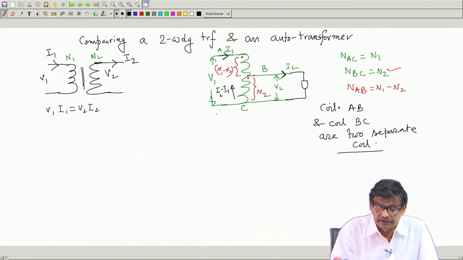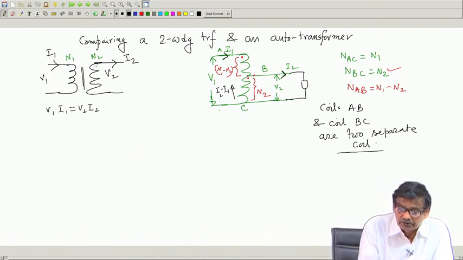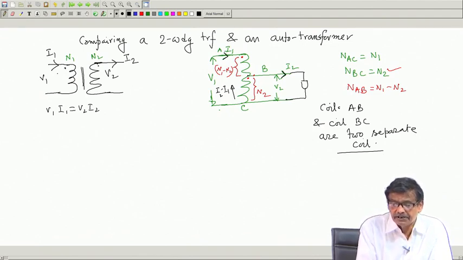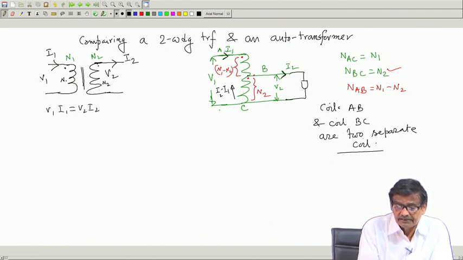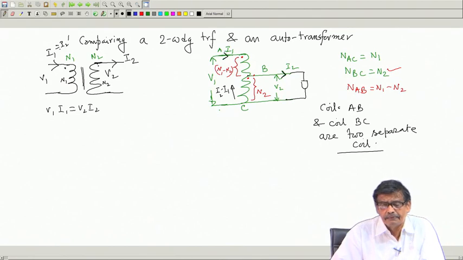In a two winding transformer, remember these two are dots here. If the current delivered is I2 and this has N2 turns, and if your primary is N1, then what I told you is that if it is an ideal transformer, I1 is nothing but I2 dashed, I2 by a. MMF must be balanced.